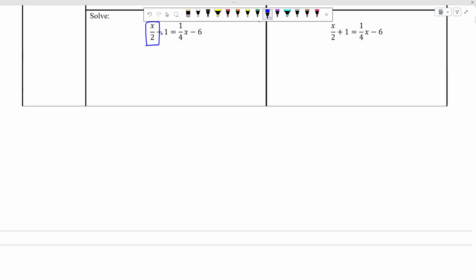When you see a variable over something, what it means really is just x over 2. You can just envision this to be 1/2 x. For if you were to take 1/2 times x over 1, multiply the tops, the bottoms, you would get x over 2. That just is reality.